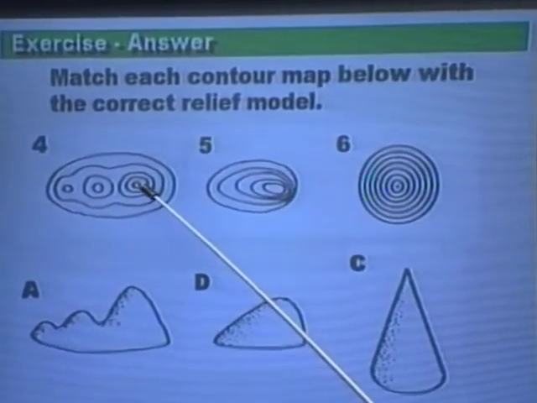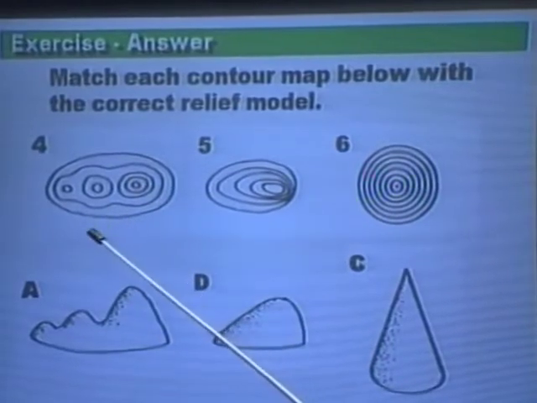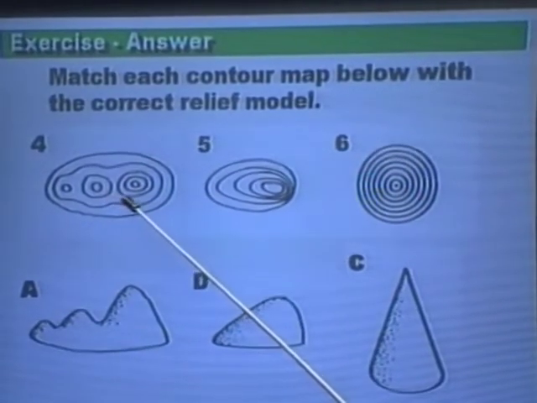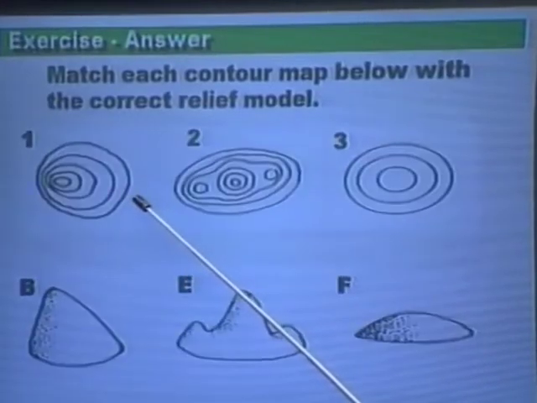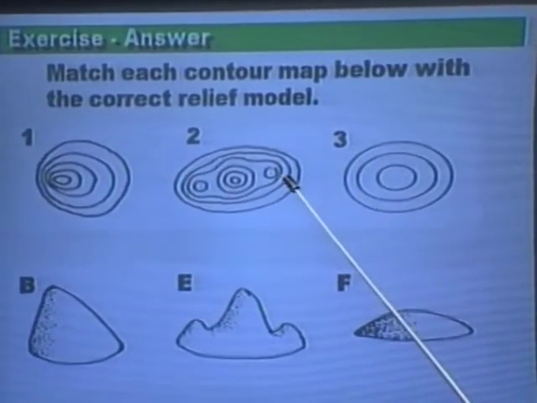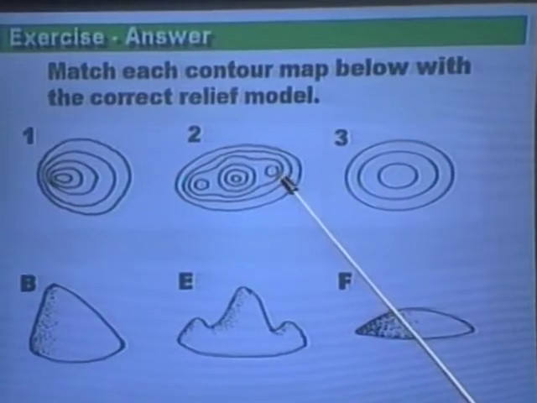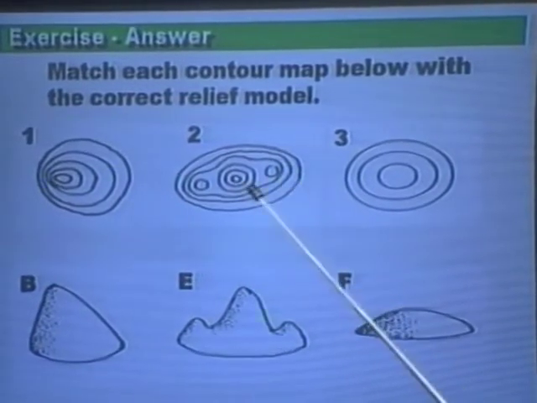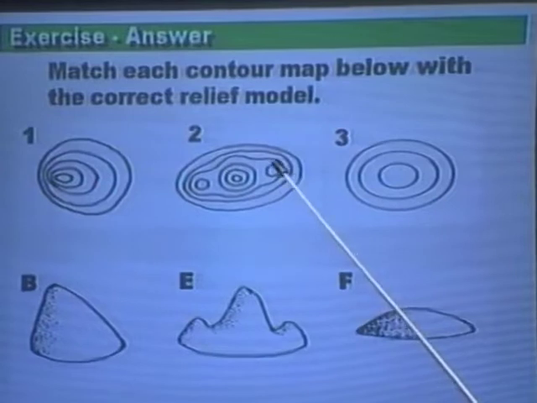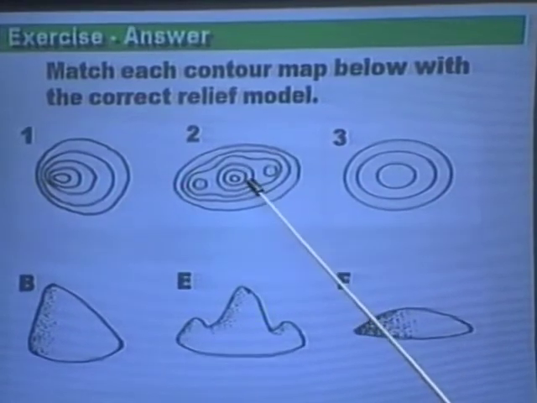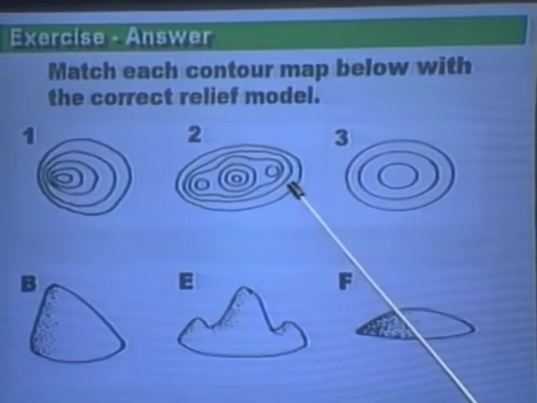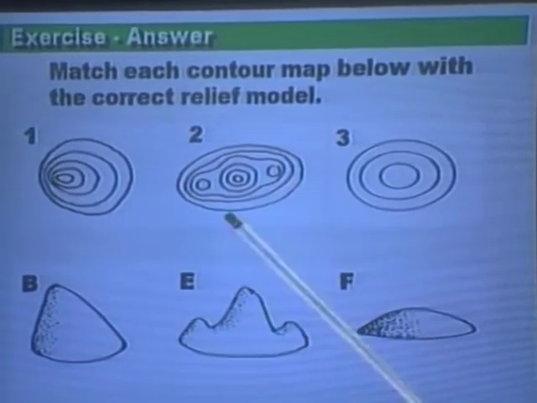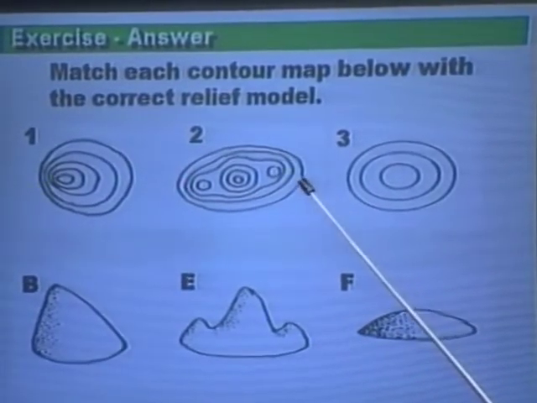Contour pattern 4, you will note, is about similar to that of contour pattern number 2. The only difference is that in number 2, there are more circular contour patterns around the middle feature compared to the 2 circular contour patterns on each side of that feature.